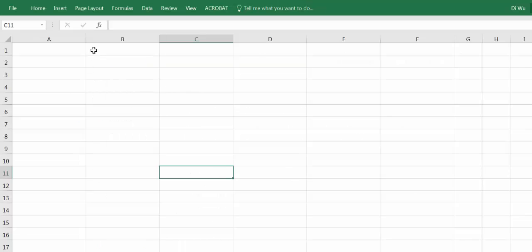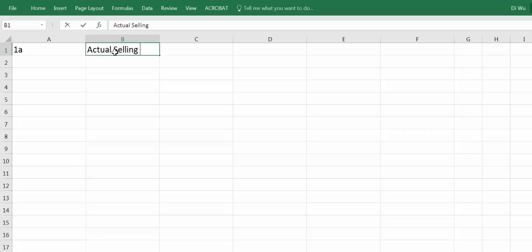So let me come back here, and I'm going to start with 1A. For the selling price, I will have the actual selling price, the budgeted selling price, and the actual sales volume.